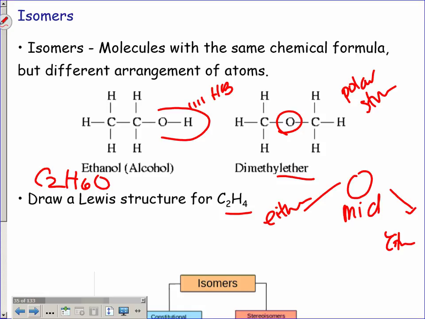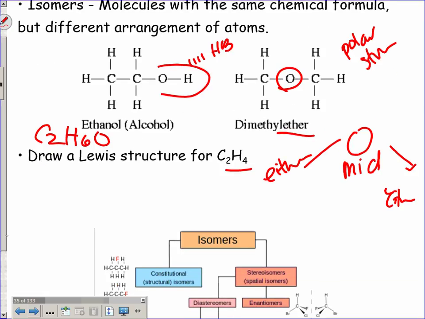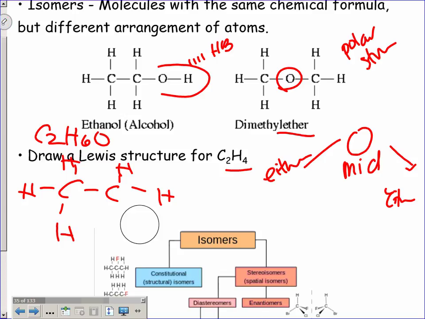So ethene. So you've got, this is ethane. Those are H's, by the way. And then how do you change it to ethene? Take away 2 H's and then do a double bond.